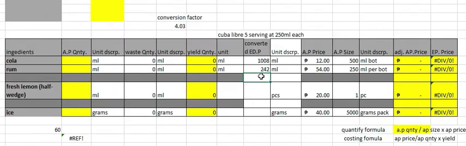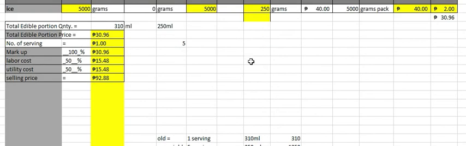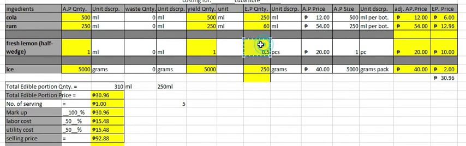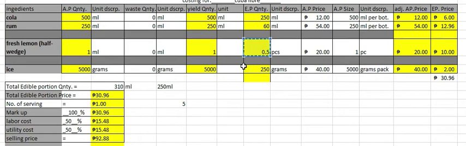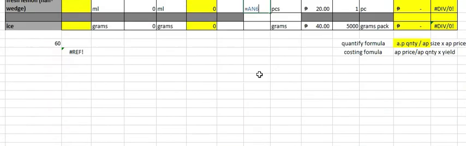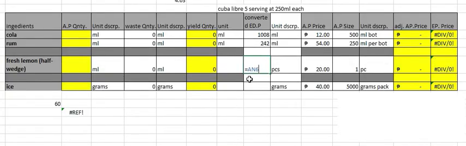Now, since the lemon and ice were not included in getting the conversion factor, we will not include them in this multiplication. Instead, we directly multiply by 5. For example, this one, 0.5 half per piece is what we use, right? So we directly multiply it by 5 servings.